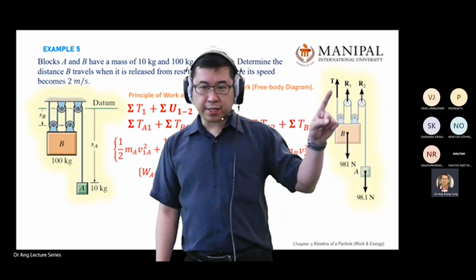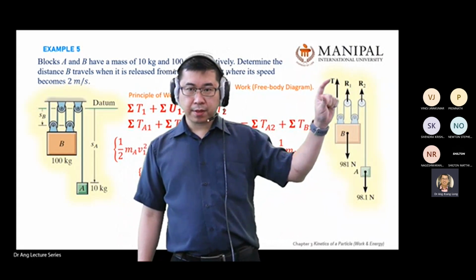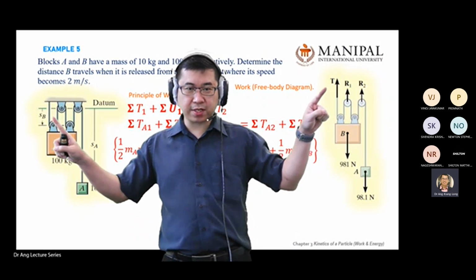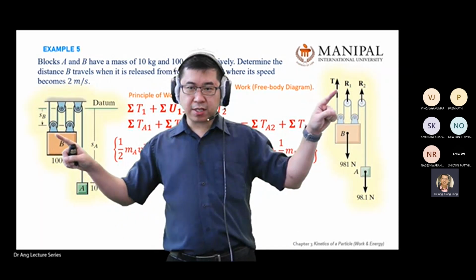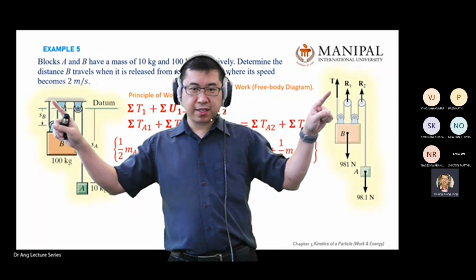Now in this case, you see there's a T there, the tension over here. Why do I not have work on this tension? You refer to this diagram. This T is T. Does this rope move? This rope is mounted to the wall also.